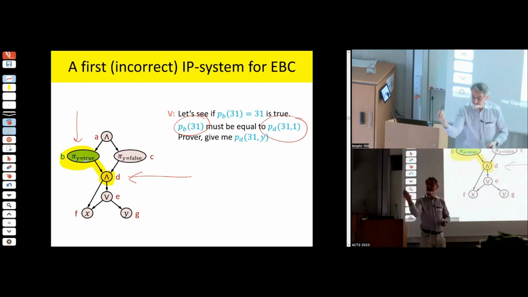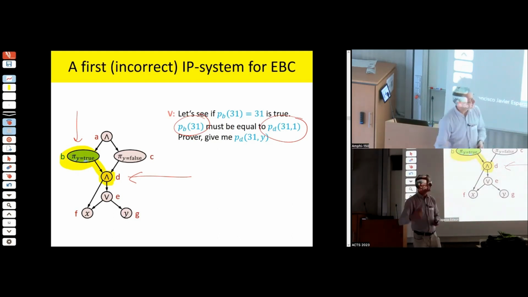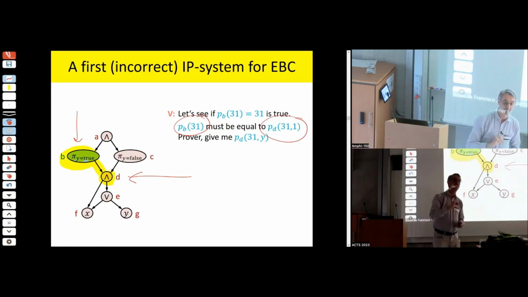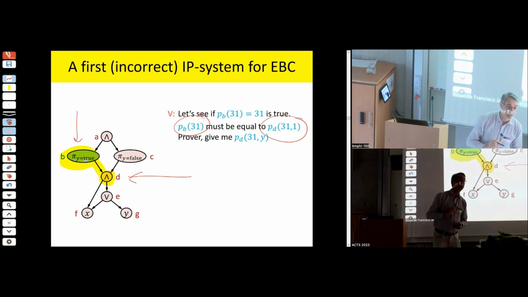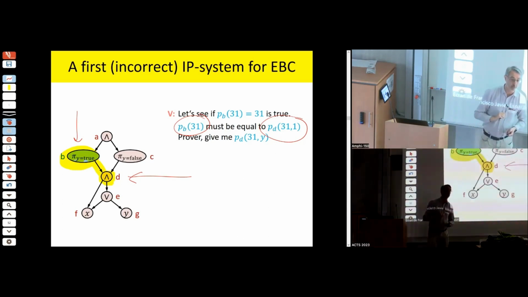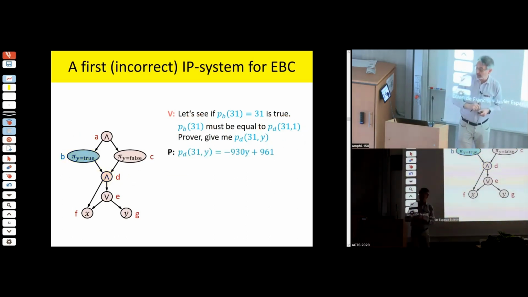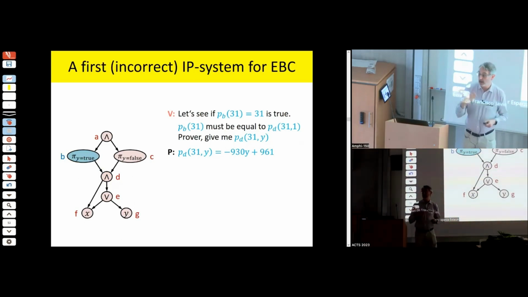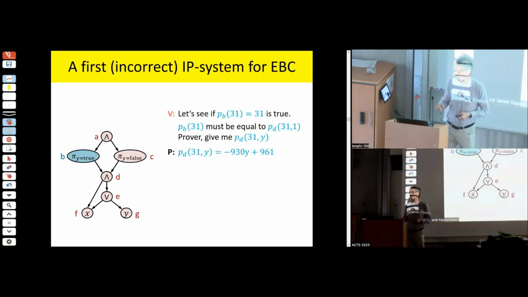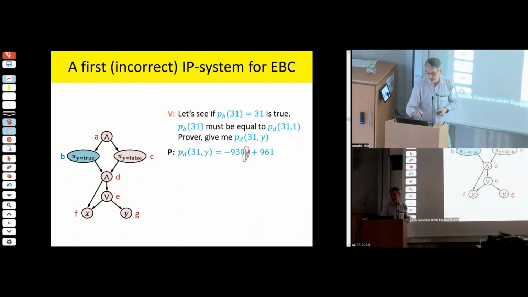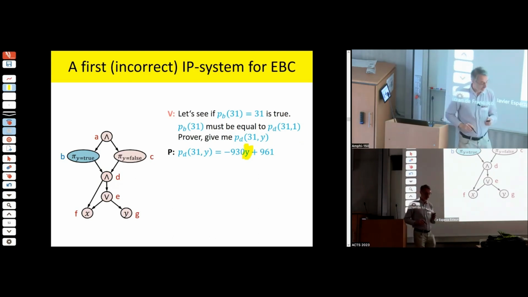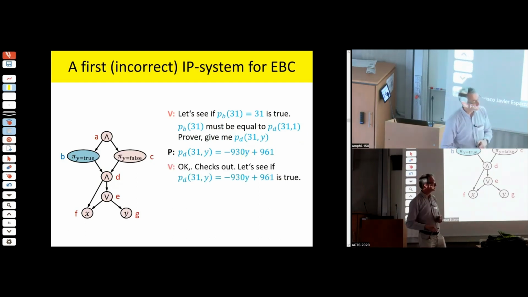Okay, so what the verifier says is, give me PD of 31, y. Give me this polynomial, right? Which is with one variable. It is actually a polynomial with one single variable. So the prover answers with this. And now the verifier checks, okay, fine, yes, indeed, if I replace y with 1, then indeed I'm going to get the right number, right? So good, it checks out.